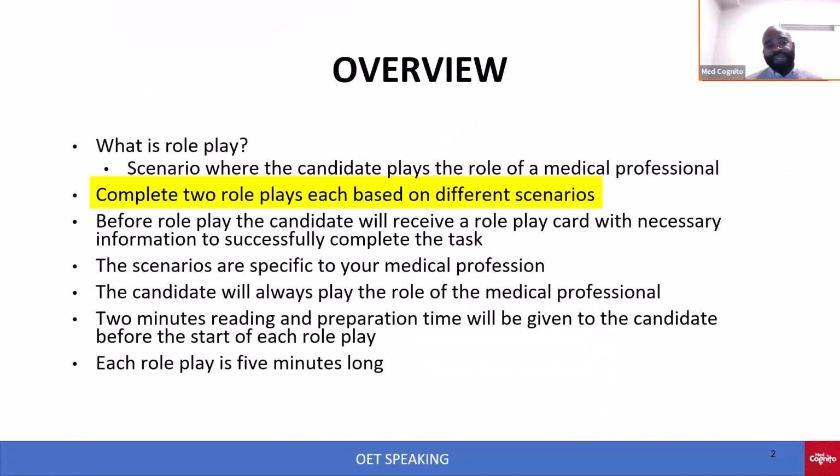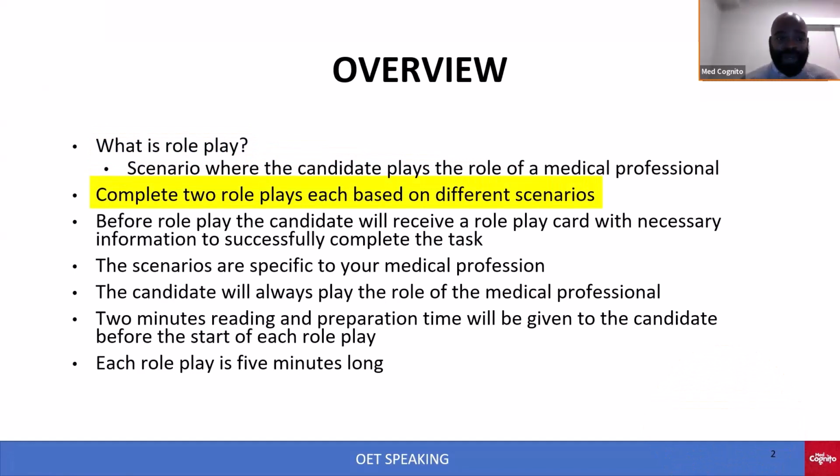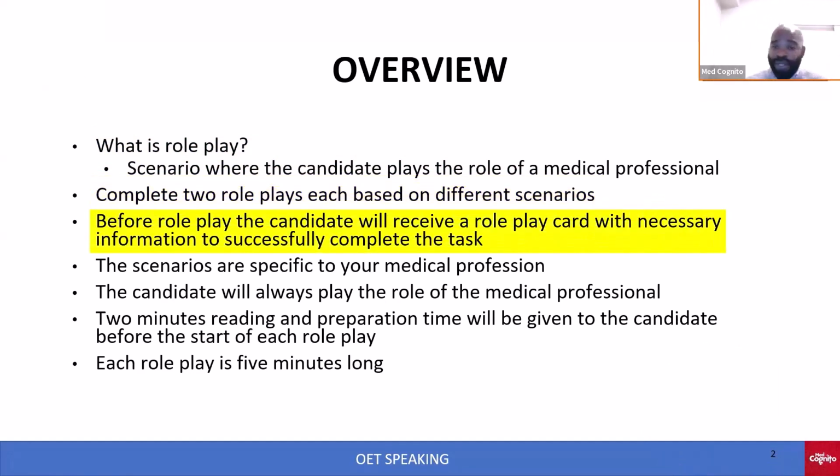This card will have the necessary information for you to complete the task that is required of you. The candidate would always play the role of a medical professional, as I mentioned. Essentially, you are in a scenario where you are the medical professional, and you would have to talk to a non-medical individual and explain certain concepts to them. Specifically, you always play the role of the medical professional. Before the role play, you are given a role play card, and you would have all the necessary information that you need to successfully complete the task.